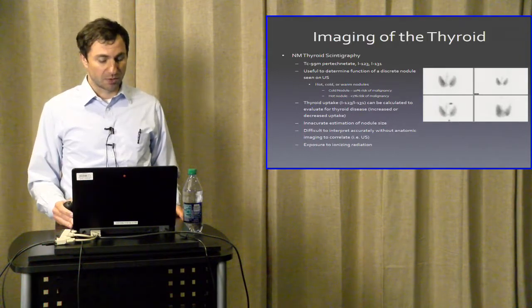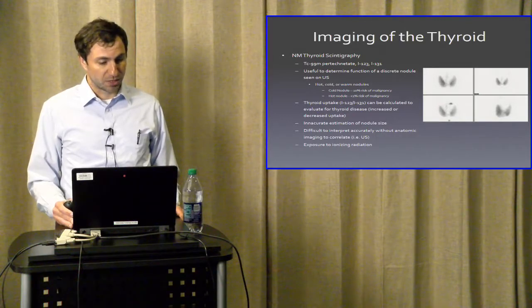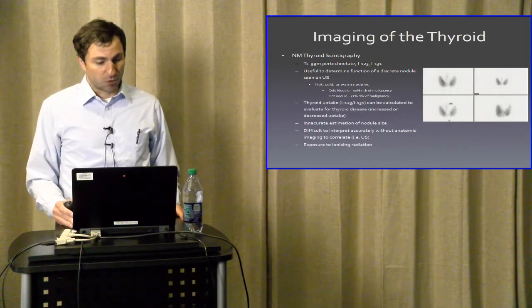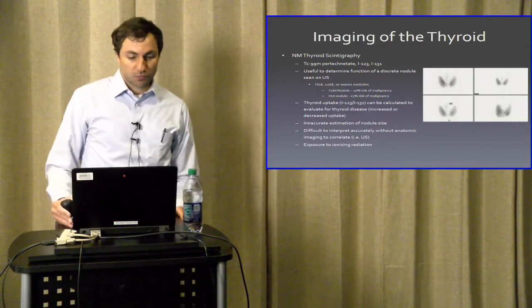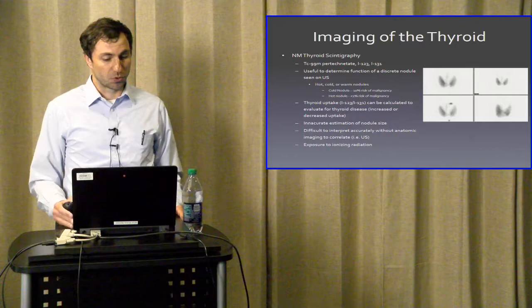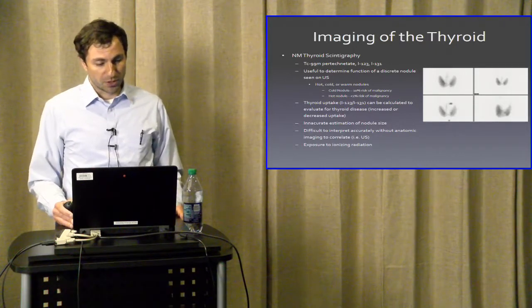So thyroid scintigraphy, the agents that we have available are technetium-99m pertechnetate, iodine-123, and iodine-131. This is useful to characterize nodules that we may have seen on ultrasound or other imaging studies.